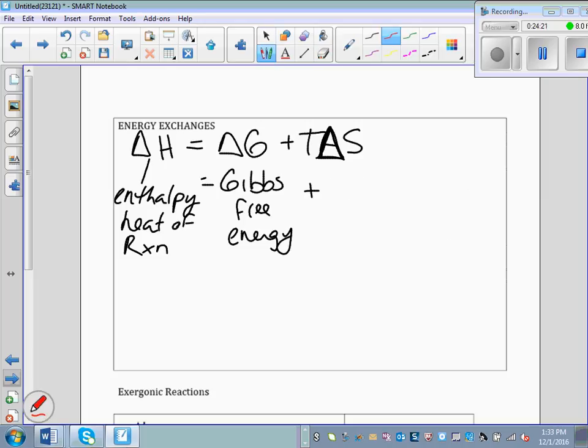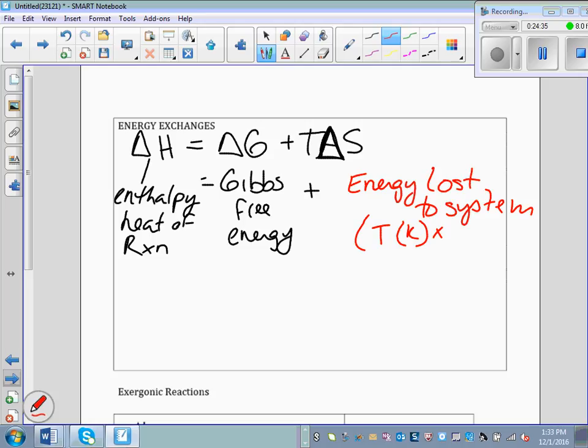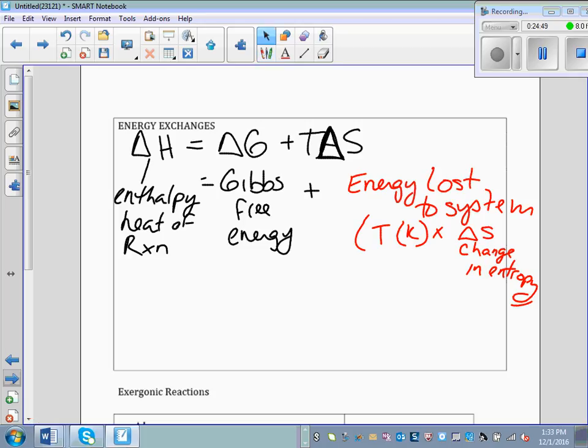I'm going to call this whole thing energy loss to the system, which is temperature in Kelvin times delta S, which is the change in entropy. So delta H is the change in enthalpy, the energy lost or gained.